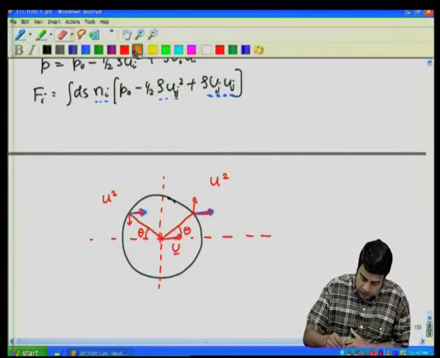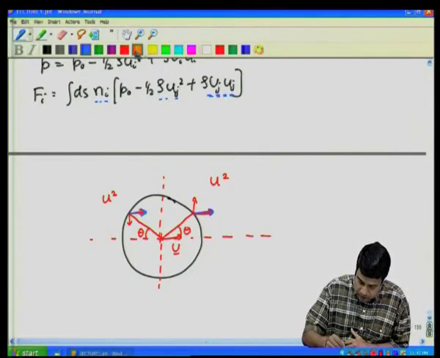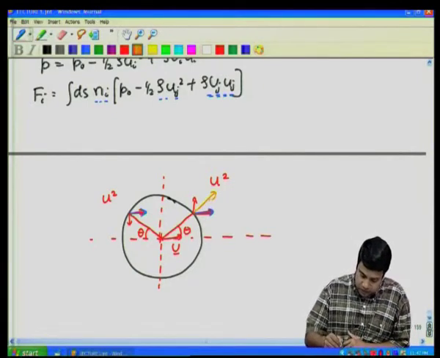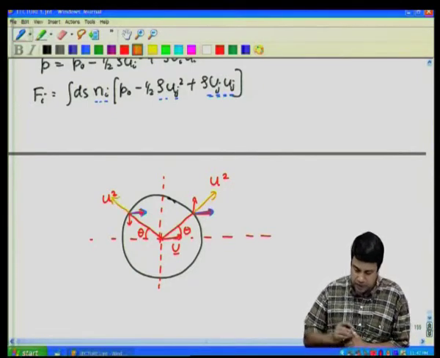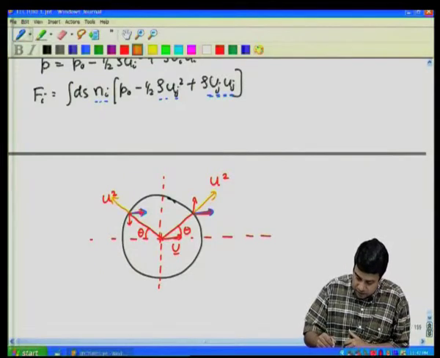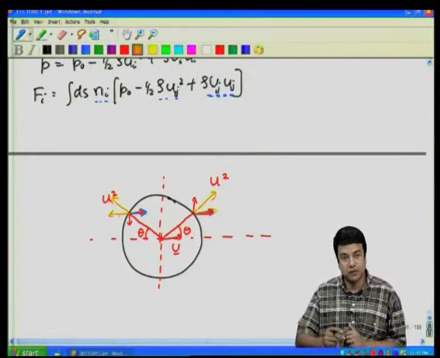So, that outward unit normal at the point on the upstream side is along this direction, on the downstream side it is along this direction. Okay. The component of the unit normal along the U direction on the upstream side is here, whereas on the downstream side it is pointing backwards.